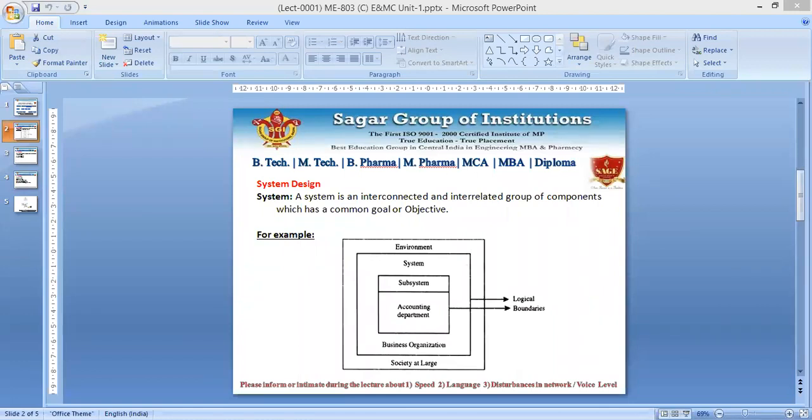So the approach also views the organization as linked to the external environment. Now the organizational effectiveness, even sometimes effectiveness for survival, depends upon the interaction with the environment.